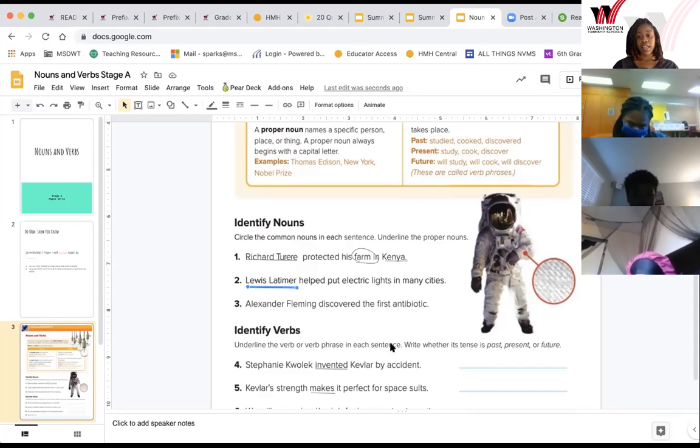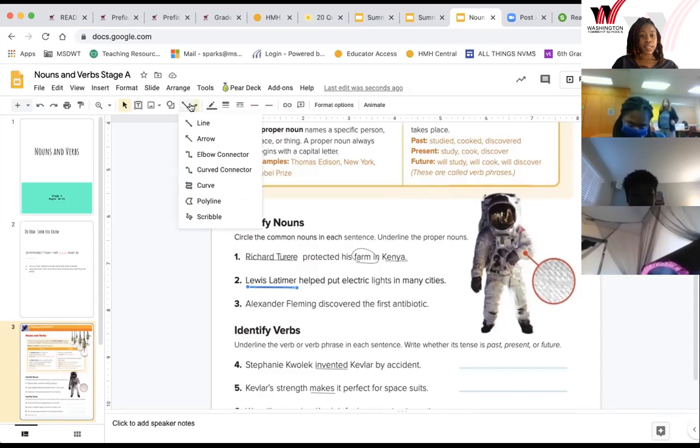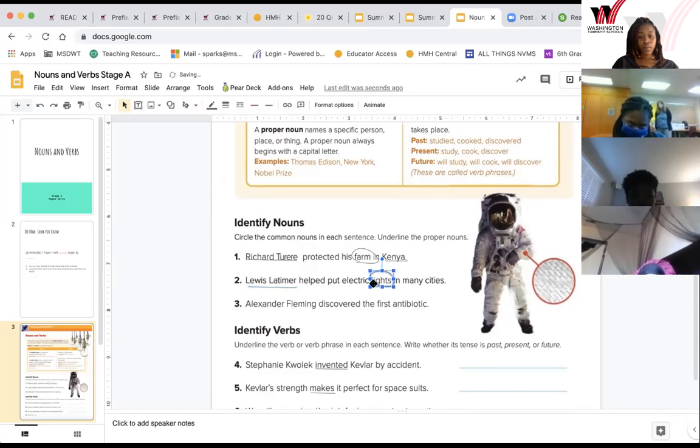We're just circling the nouns. Electric describes what kind of light it is. So we're just going to circle lights. And then there's one more. Cities. Yes, cities. That is our other common noun. We don't know what city they're talking about. So that's just common.